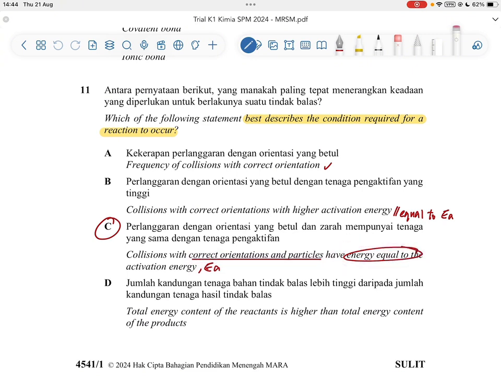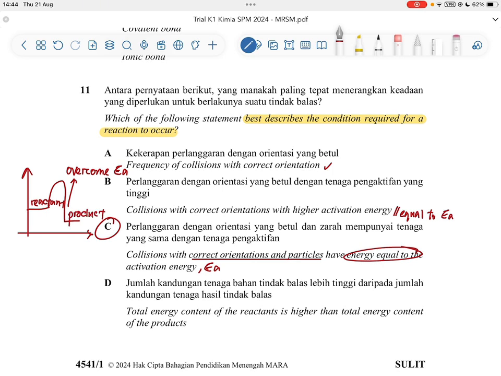If we learned the theory before, it shows that for a reaction to occur, the reactant is required to achieve the activation energy, or overcome the activation energy, so that a reaction would occur and produce the respective product.